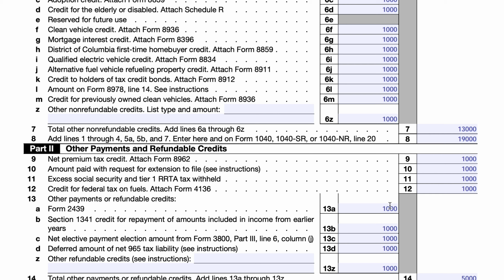Section 1341, credit for repayments of amounts included in income from earlier years. Basically, you paid a tax in an earlier year because it looked like you had a right to that income. This is for unpaid, undistributed long-term capital gains from, like, your financial institution.